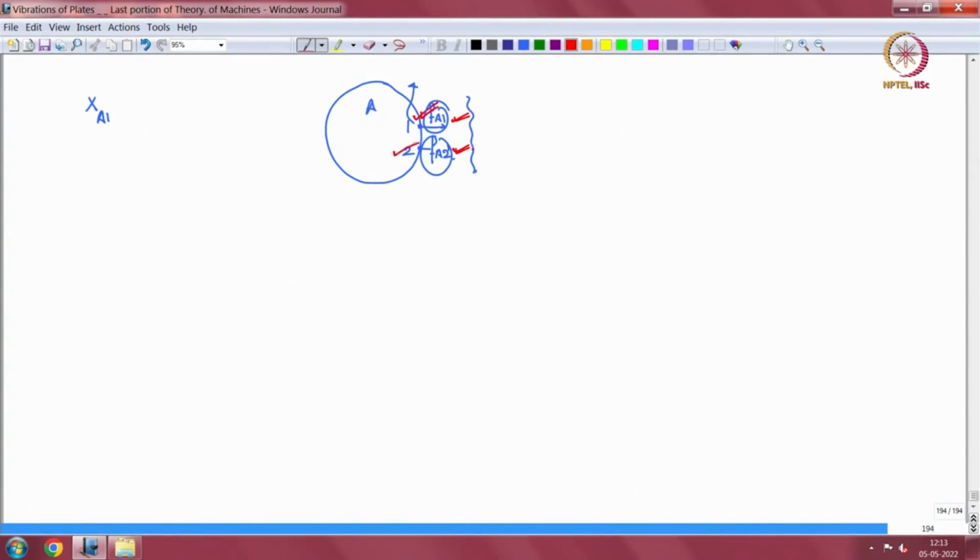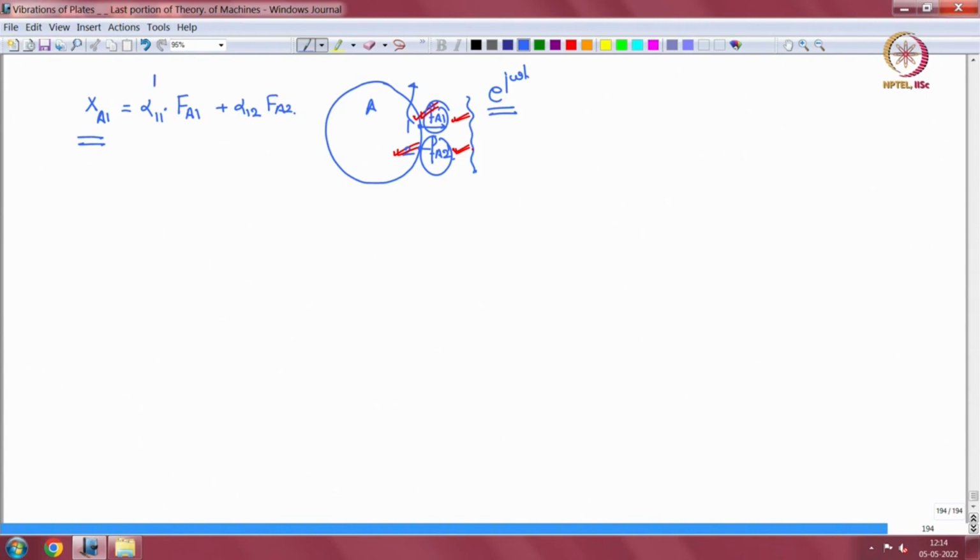Similarly, there is a response at the other point due to these two forces. Because everything is at single harmonic frequency, if we take the amplitude, it is equal to alpha 11 into FA1 plus alpha 12 into FA2.